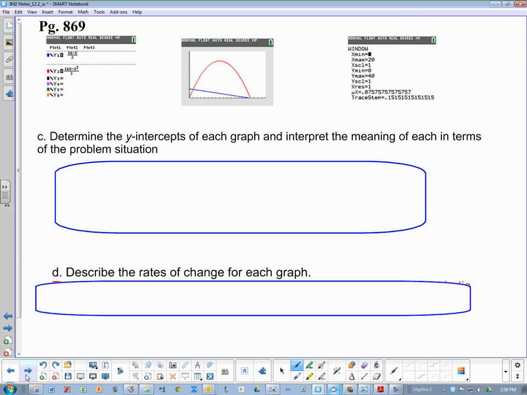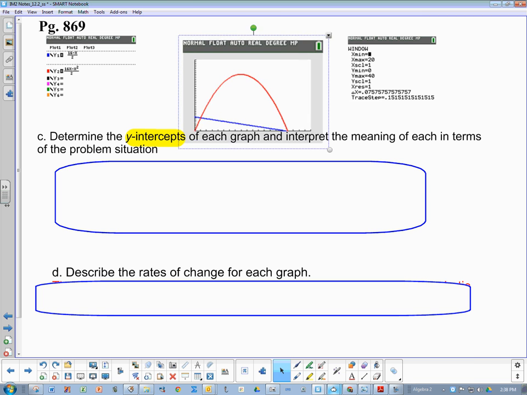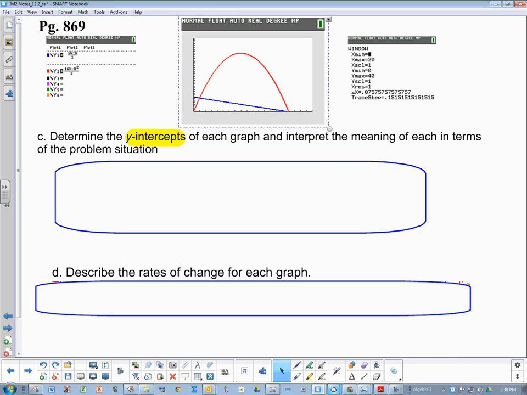Moving along. All right, this next one here, it says determine the y-intercepts of each graph and interpret the meaning of each in terms of the problem situation. Well, all right, we've got to investigate y-intercepts. Here are the two graphs. Now, let me get another highlighter out.